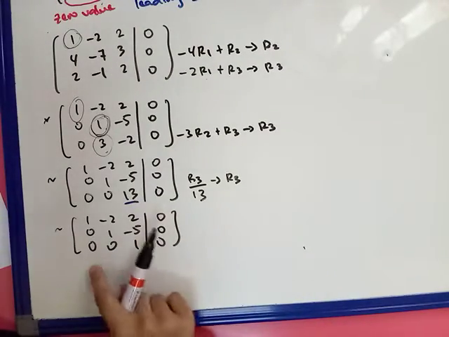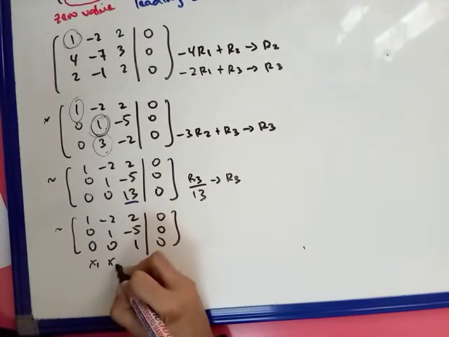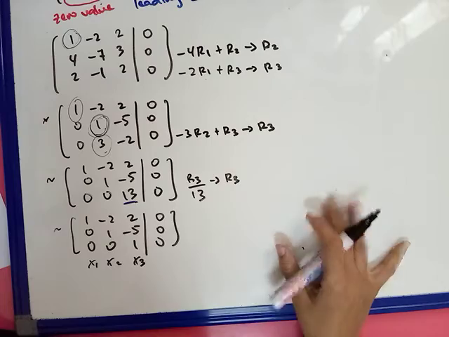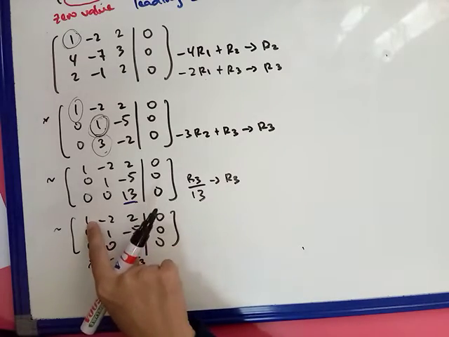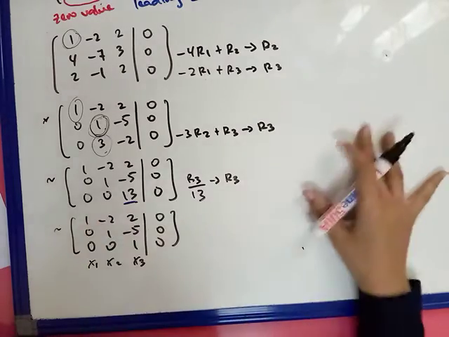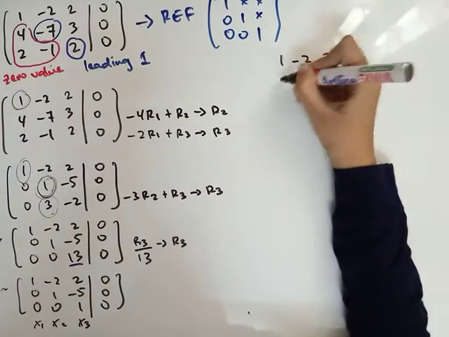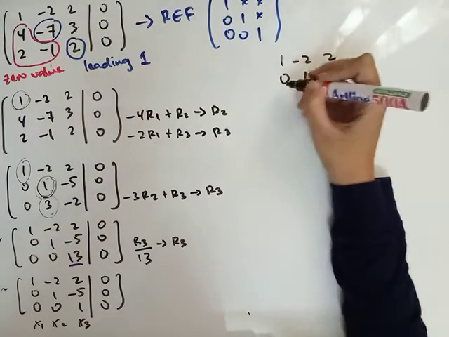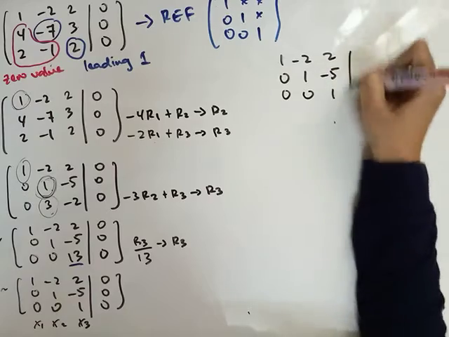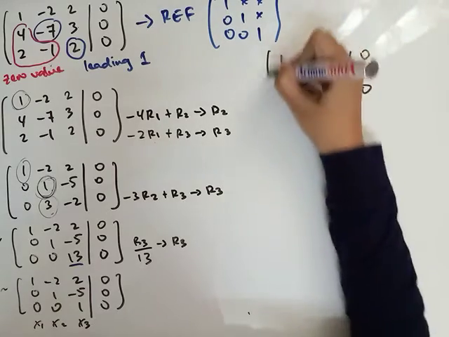So we know that this is x1, x2, x3, right? For x1, look at the leading one. I write it here: 1, negative 2, 2, 0, 1, negative 5, 0, 0, 1, and 0, 0, 0.